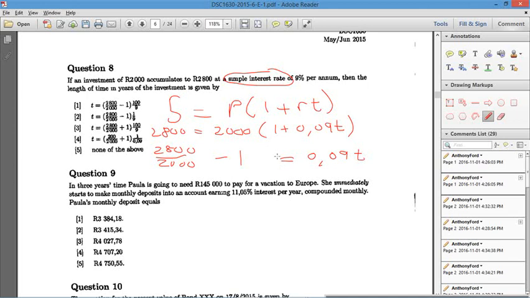And then obviously I'm going to have to take this whole amount and divide it by 0.09 in order to get T. So which option is correct here?